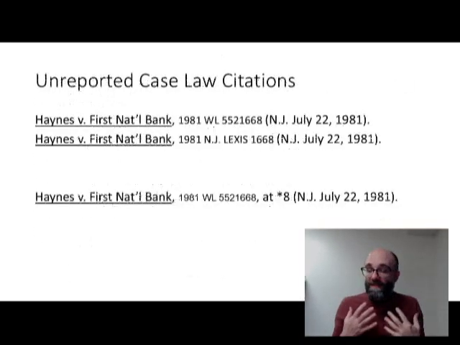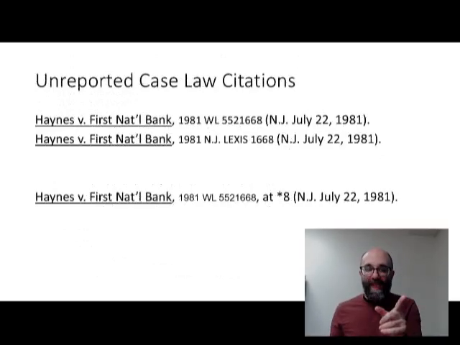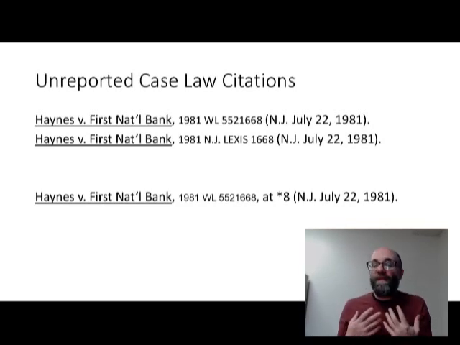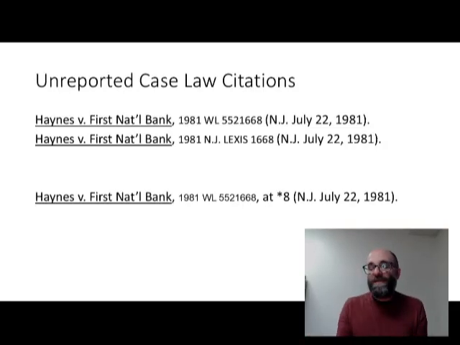I have found in practice as a practicing lawyer that a lot of unreported jurisdictions don't do that anymore. So instead of having Haynes versus First National State Bank, comma, A-69, comma, and then the unreported citation, if I was citing this in a New Jersey court, I wouldn't include that. So again, for my personal classes, I don't usually do that because I just don't see it in practice. However, if your teacher does require it, just make sure it's done, right?